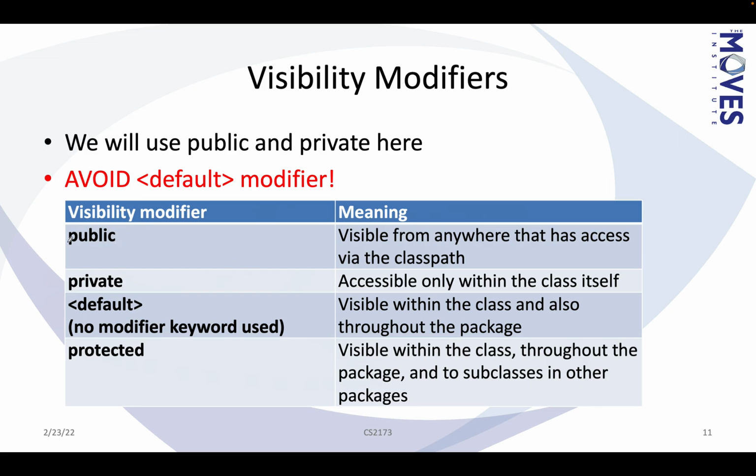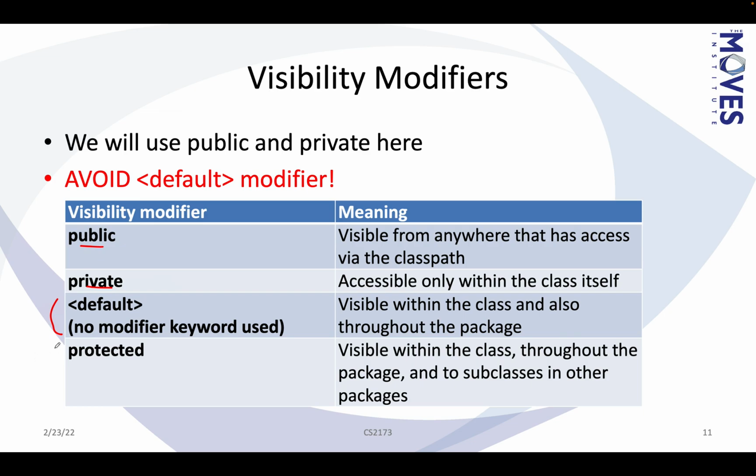There are 4 visibility modifiers. So there's public and private. Those are the 2 main ones we will use. The third one is the so-called default, where there's no modifier, and that's something that you should never use. It's something the language allows, but you should never use. Just like public instance variables are a sin, but you're allowed to use them.